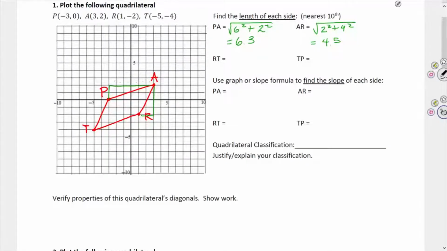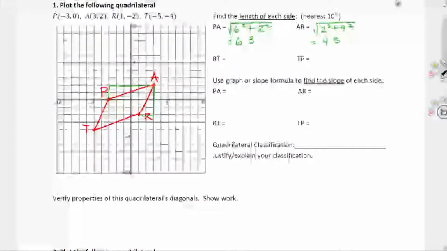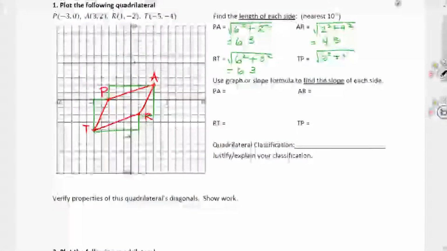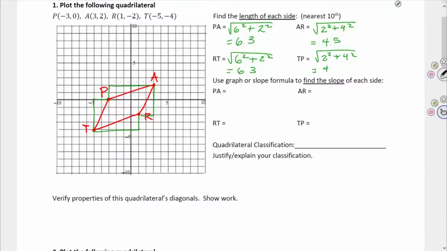And then I can find RT, which is the square root of 6 squared plus 2 squared, using the same idea, also 6.3. And TP is the square root of 2 squared plus 4 squared, which is also 4.5.